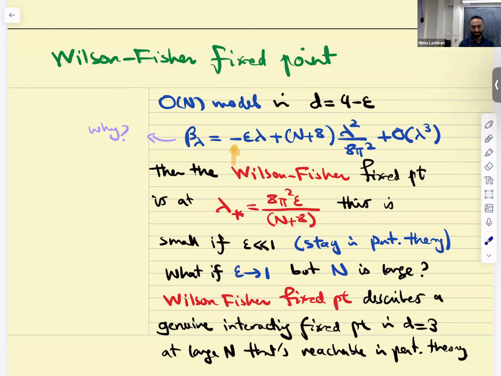That's what I'm saying. All right, so which means that there's a Wilson-Fisher fixed point at this value, 8 pi squared epsilon over n plus 8. We could arrange for this perturbation theory to be reliable by picking small epsilon, or taking epsilon to be equal to 1 in 3 space-time dimensions, but taking n to be large.